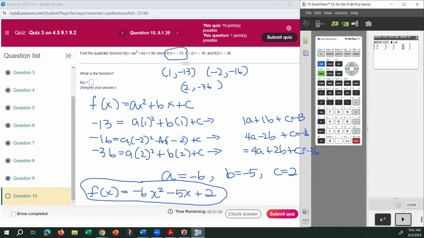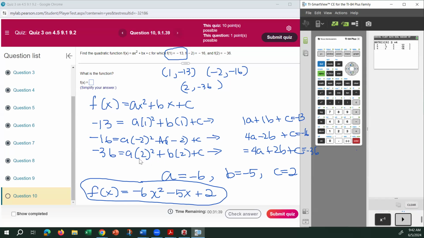And we have A times -2 squared plus B times -2 plus C equals -16. So that's 4A minus 2B plus C equals -16. So that looks good too.